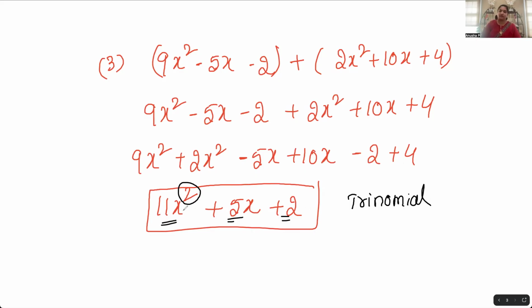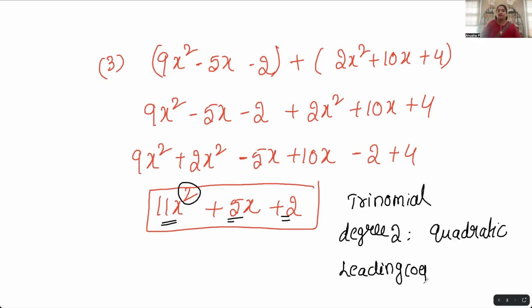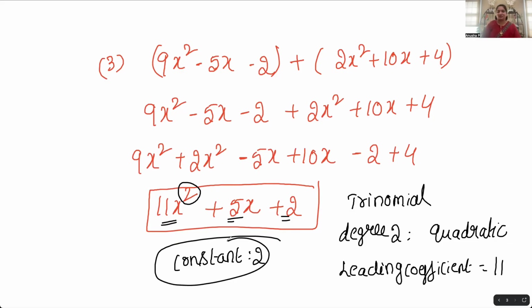So if the degree is 2, it is called quadratic. The leading coefficient is the number before the highest degree. Here the highest degree is 2, the number before that is 11, so the leading coefficient is 11. And the constant is 2. Just to revise the topics.